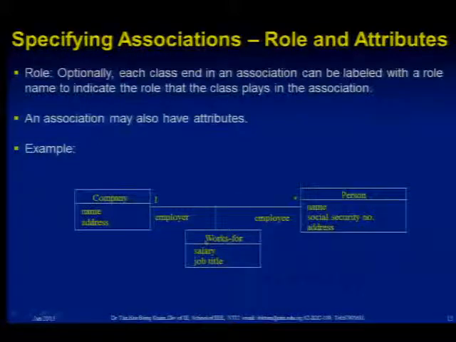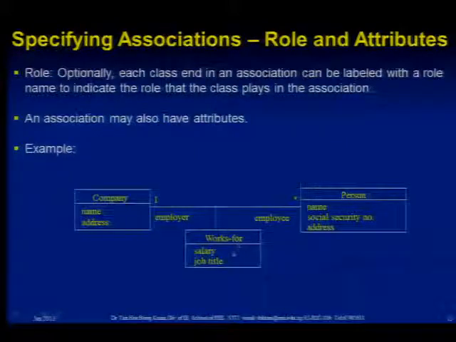Okay? So if you want to define attributes for an association, you have to draw a rectangle and put the name of the association in the first region of the rectangle, and write down all the attributes of the association below, in the second region of the rectangle. This is the way to define attributes for an association. After you draw the rectangle, attach it by a dash line to the association.